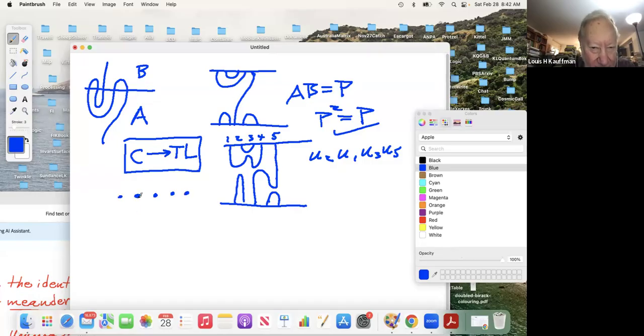And I have the rectilinear version of that connection, the rectilinear version of this connection. And now I have 5 points at the bottom.